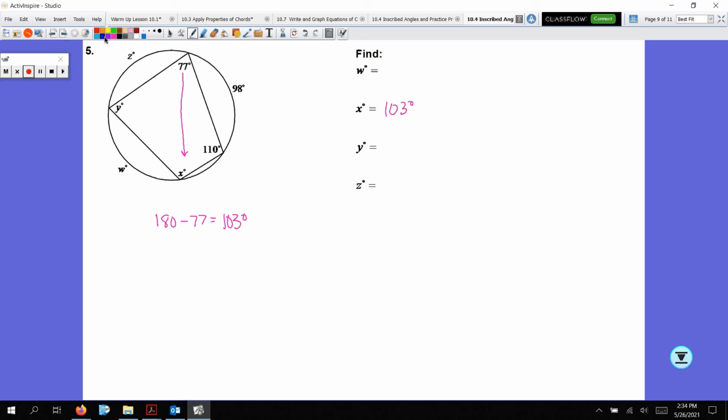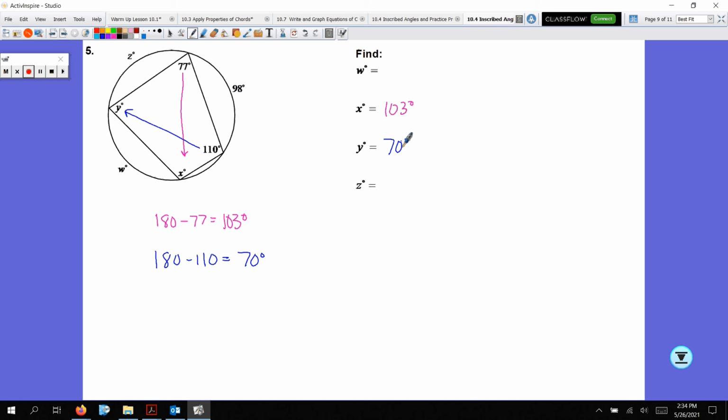Now I'm going to go the other way. Now I know that 110 plus y equals 180, so just take 180 minus 110, and that gives us 70 degrees. That's the measure of y. Cool beans.